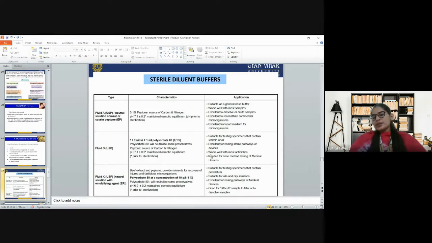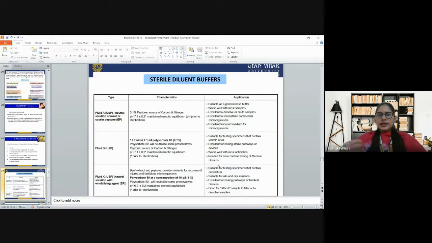Its application is suitable for testing specimens that contain lecithin or oil, excellent for rinsing the sterile pathway of devices, works well with most antibiotics, and is needed for the rinse method of testing medical devices.